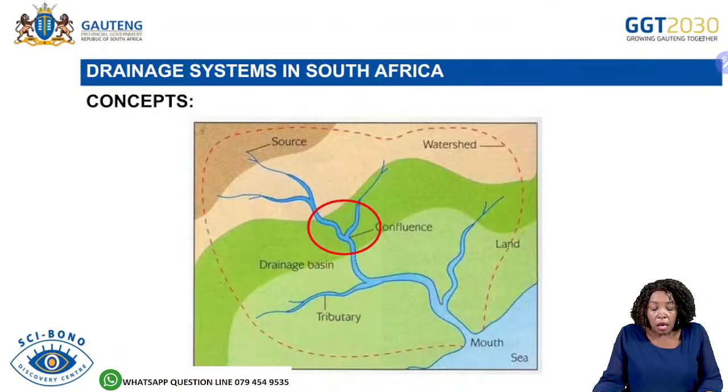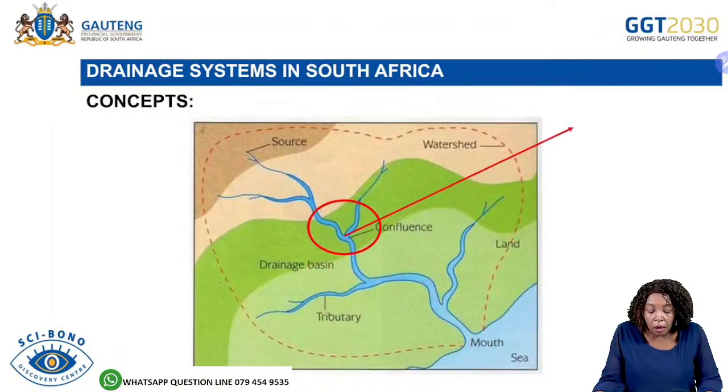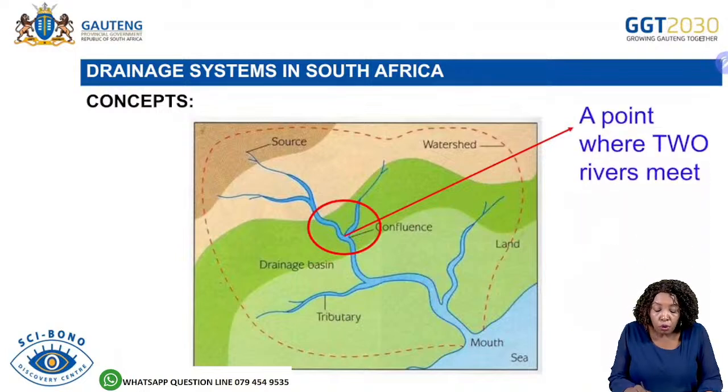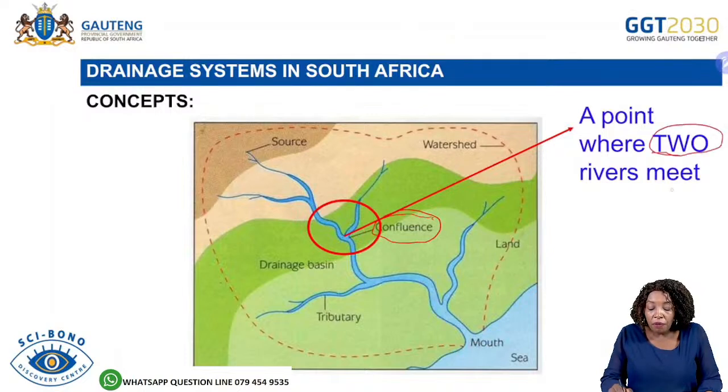All right. Then the other concept that I want to see you understanding is the concept of a confluence. So now we are looking at a confluence. It is a point where two rivers meet. So where two rivers meet, we refer to it as a confluence. So what do we see here?